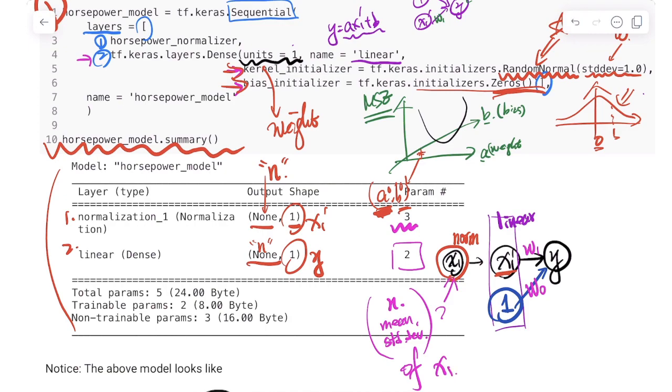So basically you have 3 different values that need to be stored in this network. These 3 values should be preserved in your network. So we have 3 additional parameters right here.